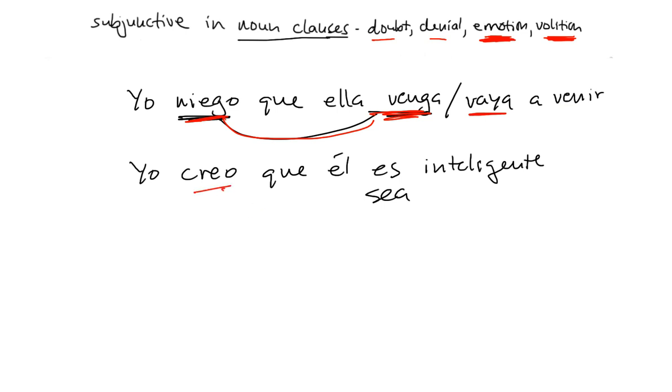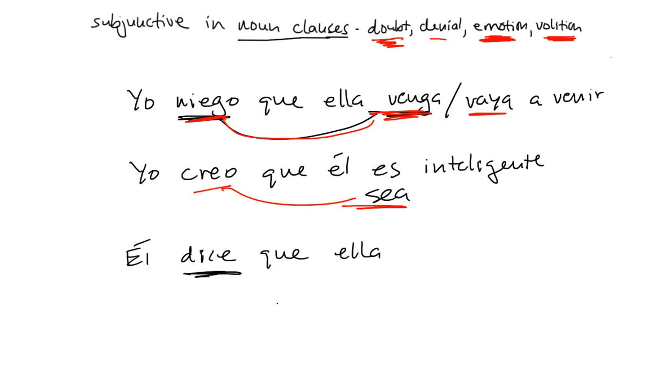In that case, creo would be implying doubt. Okay, let's try another one. He says she is here. Él dice que ella. Is there any doubt, denial, or emotion here? He says she is here. No, not trying to cause anything, just reporting a fact. Que ella está aquí. Indicative.